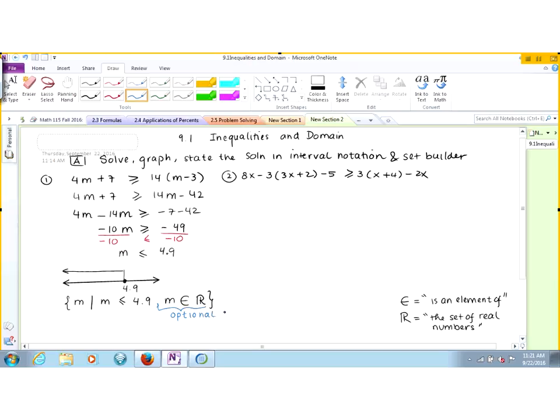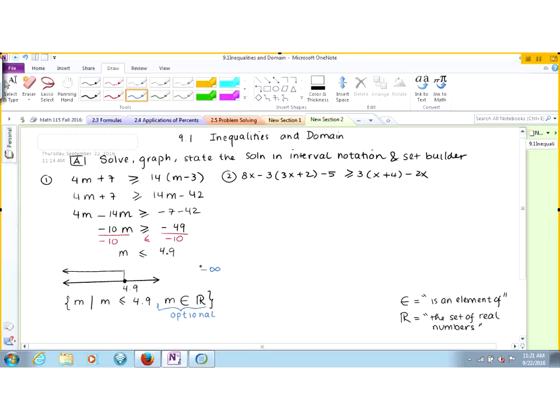All right. Now let's write down the interval notation. Interval notation starts with the smallest solution to the largest. Which solution is the smallest? Negative infinity. What solution is the largest? Okay, so negative infinity.